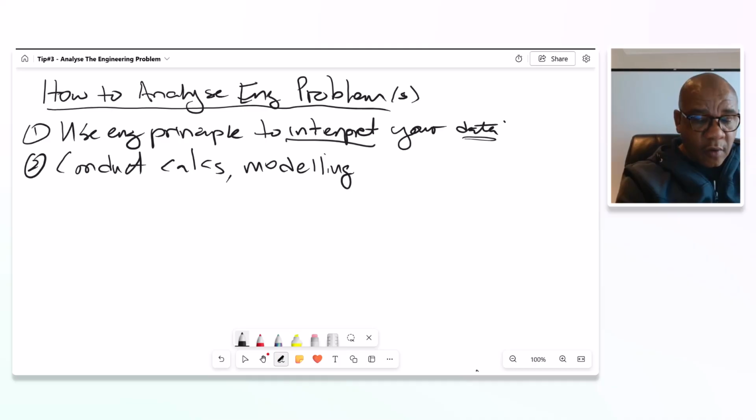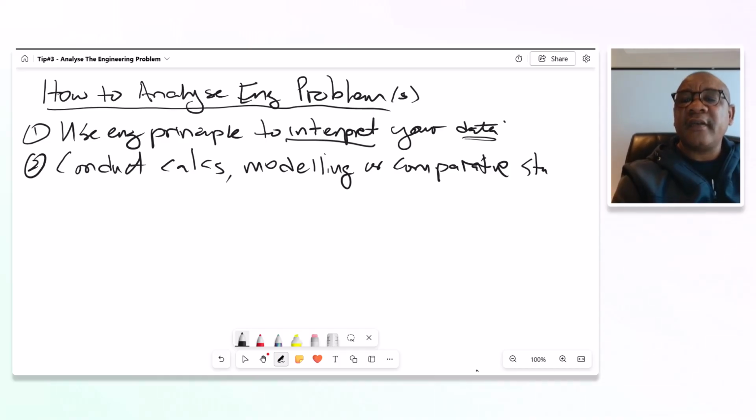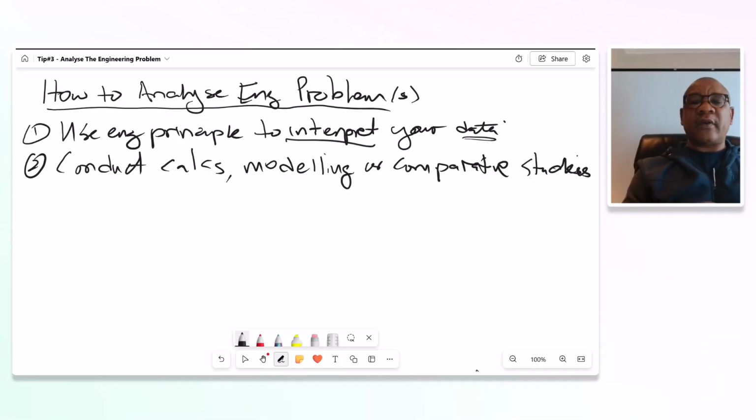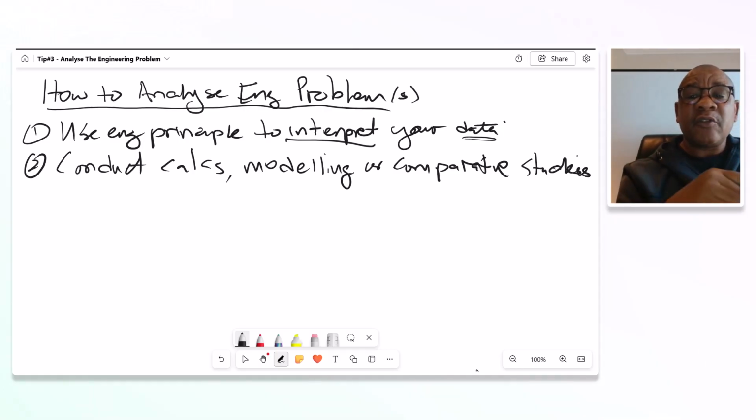Or you can use comparative studies. This is where you look at option 1 is this, option 2 is this, option 3 is this. So you compare those options or studies in order to interpret the data of the problem that you are trying to analyze.